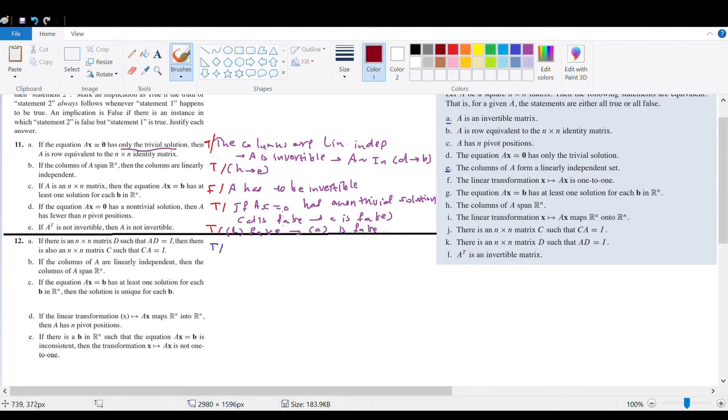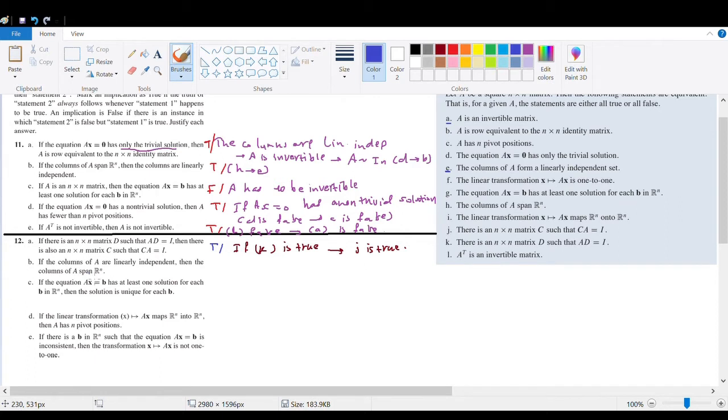We can write here, if K is true, then J also is true. Now for part B, if the columns of A are linearly independent, then the columns of A span Rn.